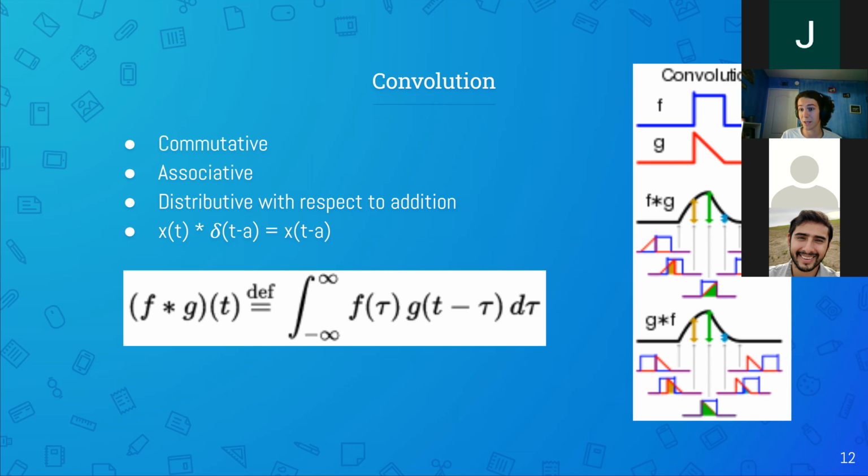If you have x of t convolved with delta of t, that's equal to x of t. And that's very important because it is exactly the same thing as saying that exponentials are eigenfunctions of these operators as well. So this is where the idea starts that the delta function is, quote, an eigenfunction. It doesn't itself change over a convolution operation. Or convolution with a delta makes things not change, I guess is the way to say it.